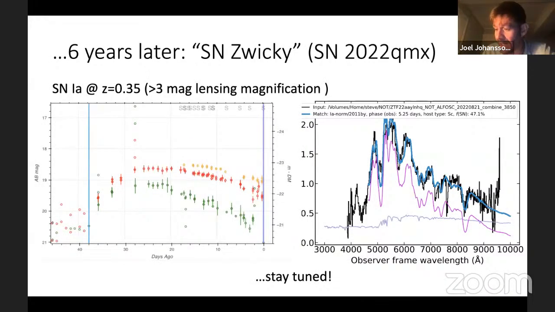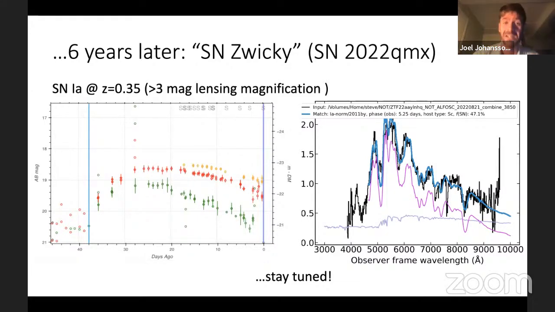And then, as an excuse for looking tired and unprepared, we have been looking for 6 years to find the next lensed supernova, and of course, 6 years later, in the middle of my vacation, we found the second lensed type 1a supernova.